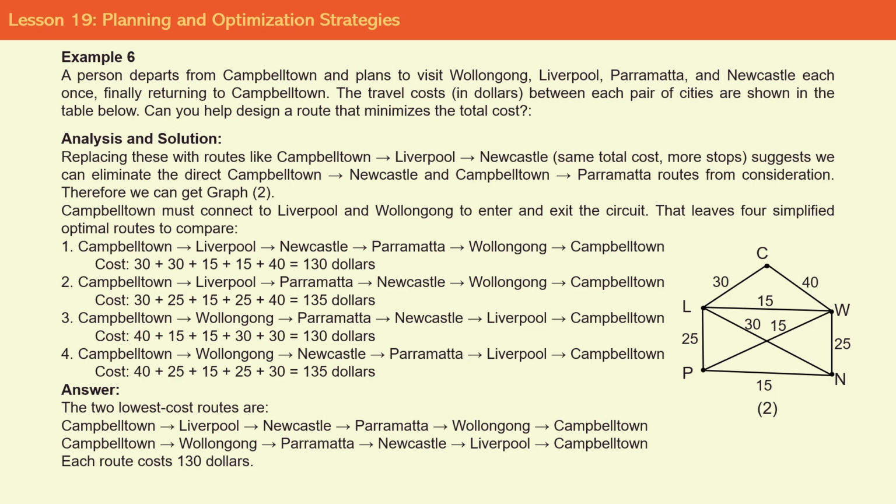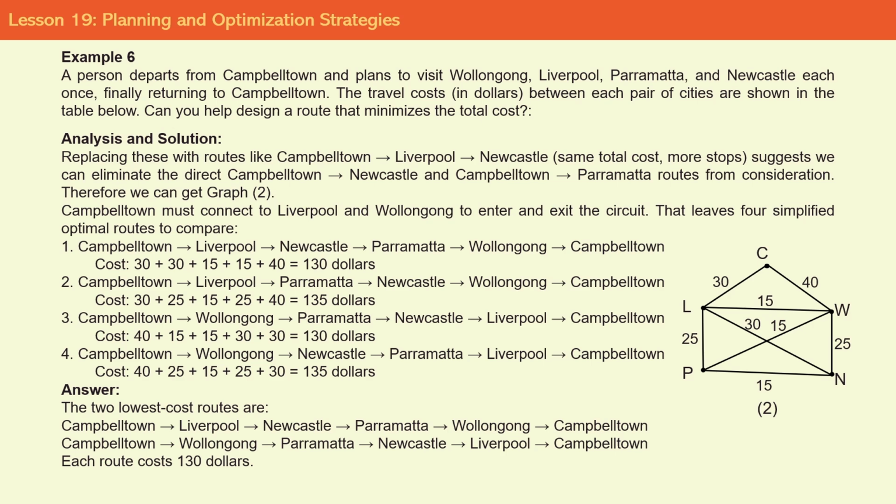2. Campbelltown, Liverpool, Parramatta, Newcastle, Wollongong, Campbelltown. Cost is $135. 3. Campbelltown, Wollongong, Parramatta, Newcastle, Liverpool, Campbelltown. Cost is $130. 4. Campbelltown, Wollongong, Newcastle, Parramatta, Liverpool, Campbelltown.